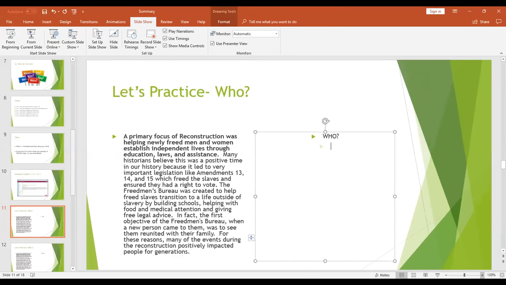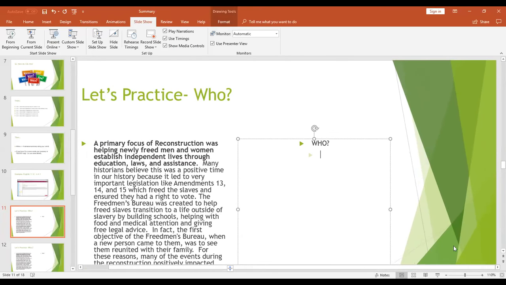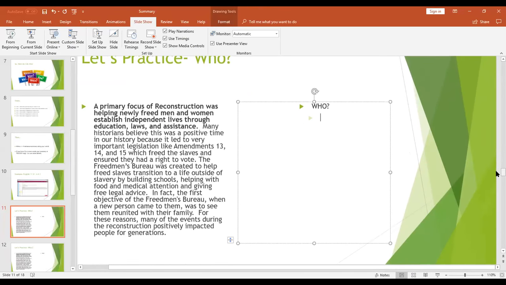Let me see if I can zoom in a little bit, that way you all can still see the screen. Okay, good. Rachel said the free slaves. Perfect. Anybody else? Good job, Rachel.